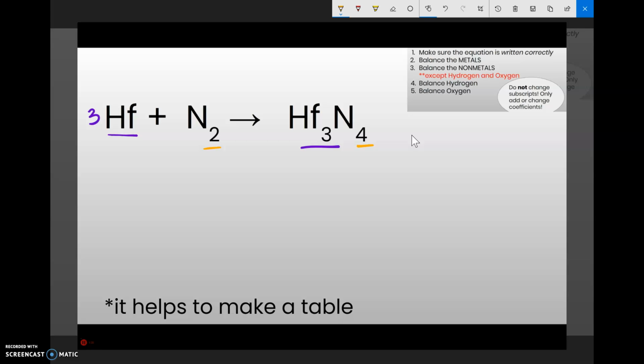So 2 times what makes 4? We'll put a 2 right there. And then we just double check. 3HF, 3HF, 2 times 2 is 4. And then nitrogen has 4, and then we're balanced. So again, do what works best for you. Make a table, do it left to right like I just did. Do whatever works for you.